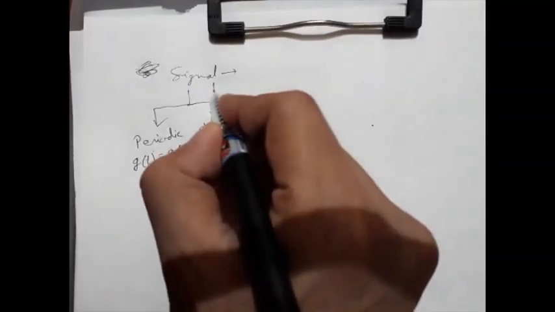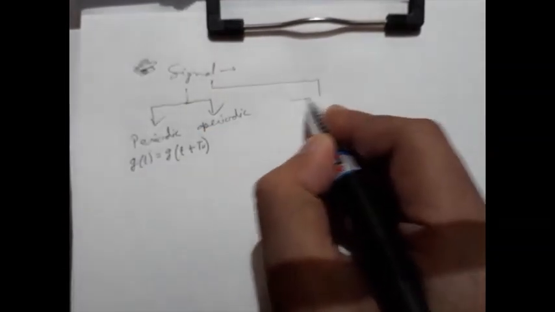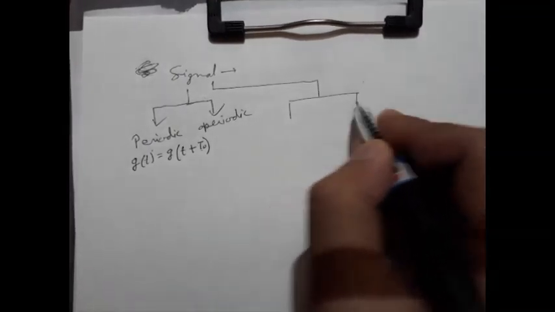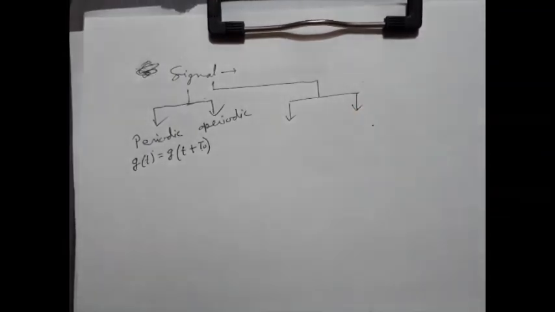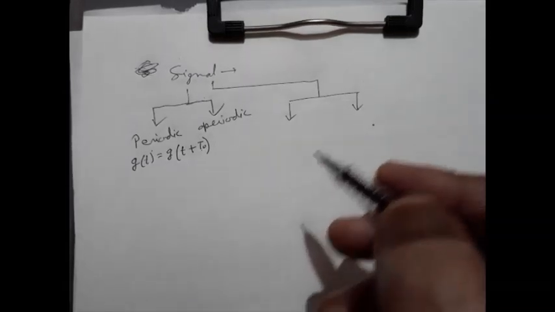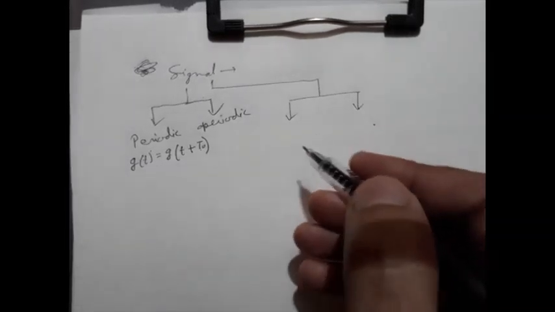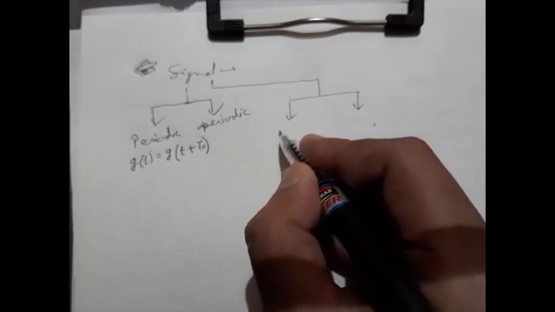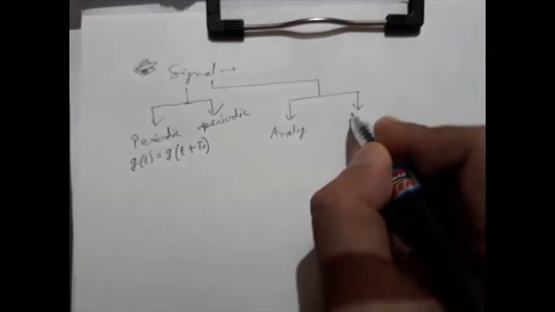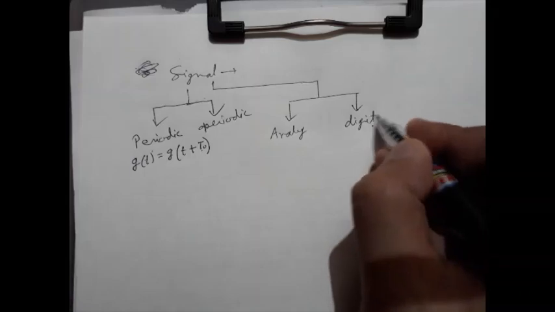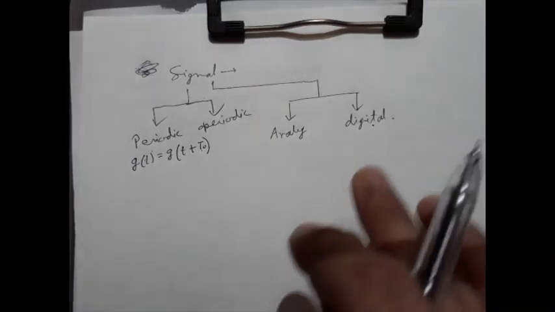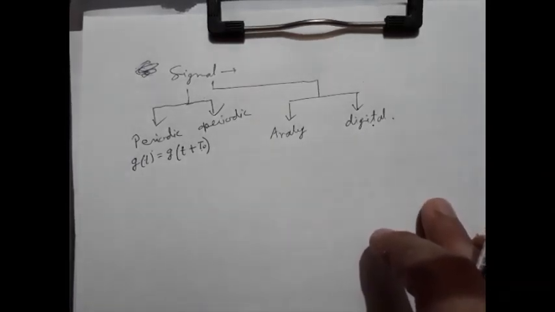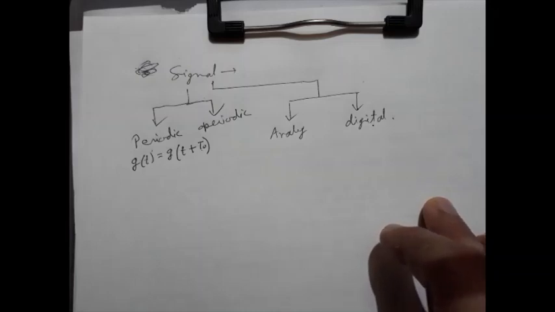Now signals may be classified by some other means also. Depending on its voltage value, the condition of its amplitude, we can divide signals as analog and digital. What is the meaning of analog signal? If the amplitude of a signal can take any value within a certain range, it will be treated as an analog signal.